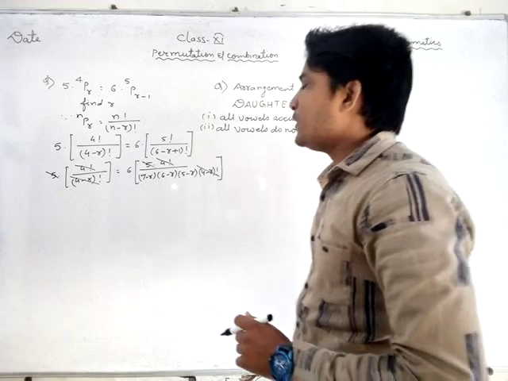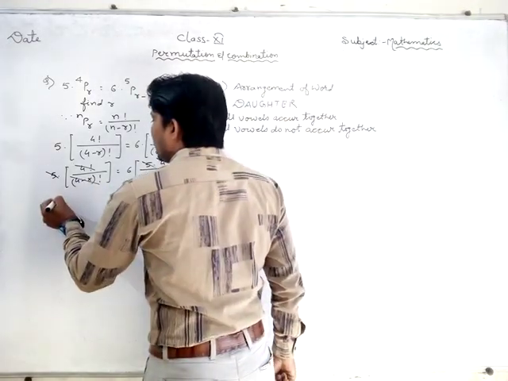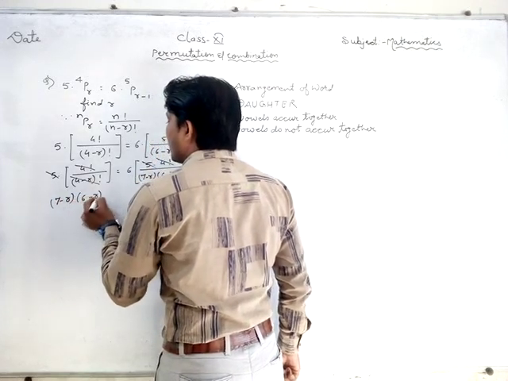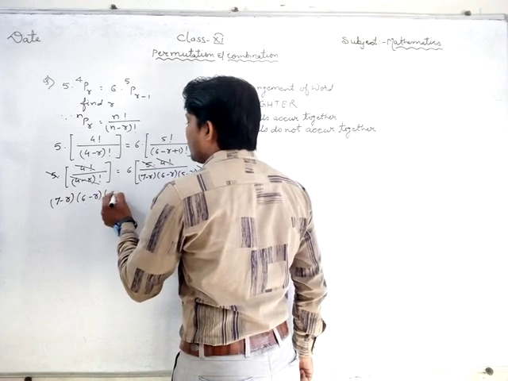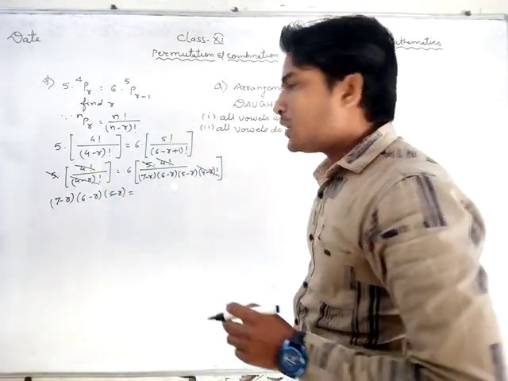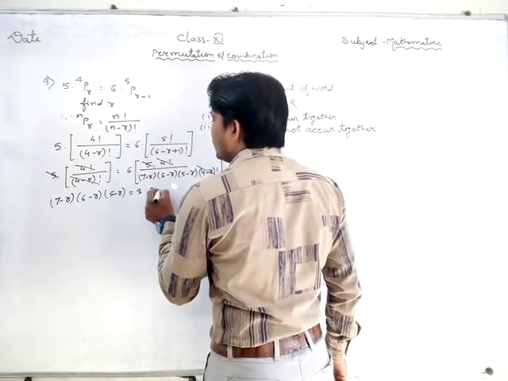Finally, after cross multiplying, we have (7 minus r) into (6 minus r) into (5 minus r) equal to 6, and we can write 6 as 3 into 2 into 1.